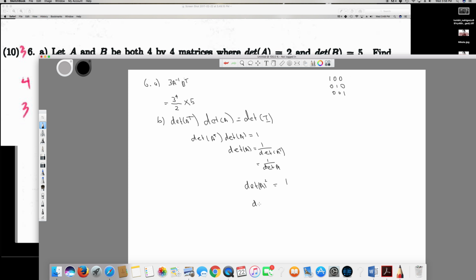Therefore determinant A is going to be the square root of 1, so it's plus or minus 1. So this is the answer for this question.